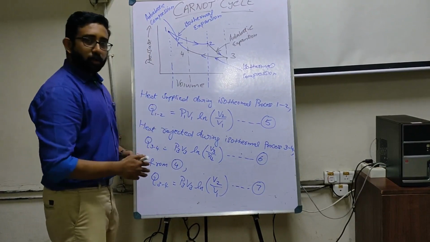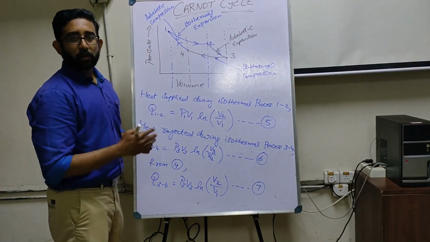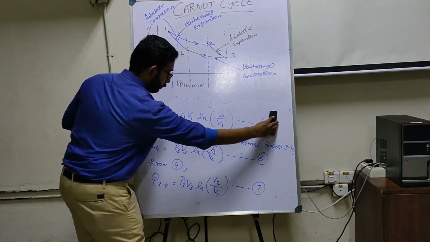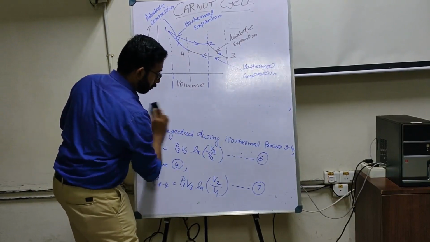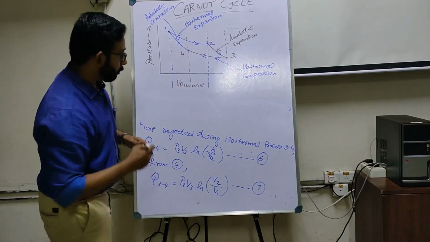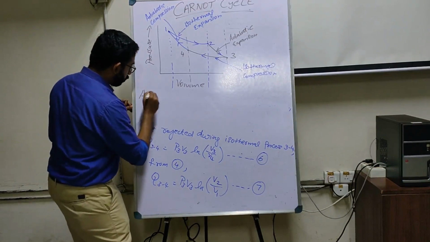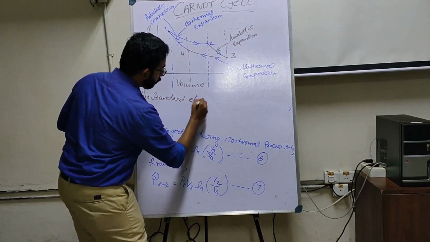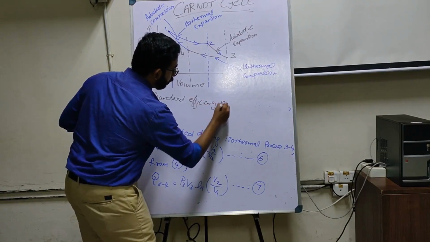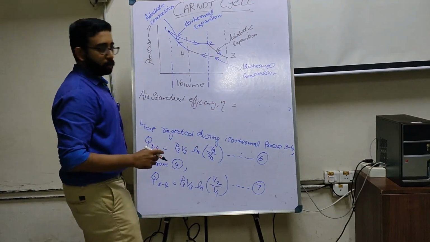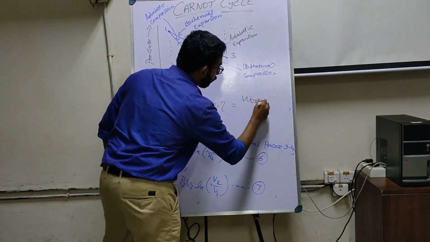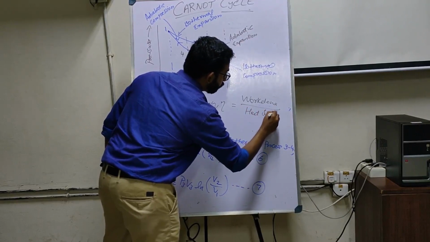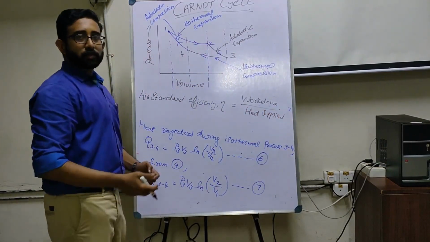Now we can derive the efficiency for a Carnot cycle. The standard efficiency, given by notation eta, is equal to work done by heat supply to the system. So generally the efficiency will be output by input.